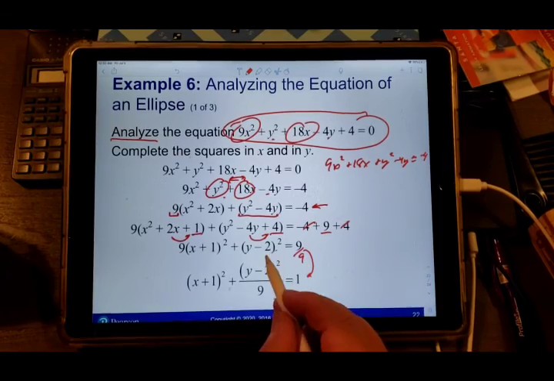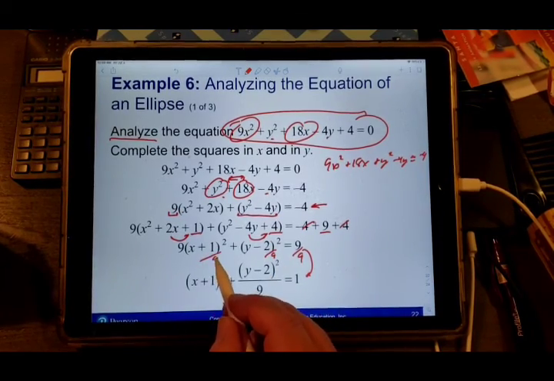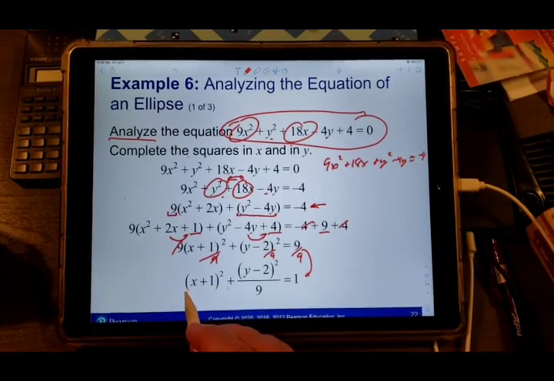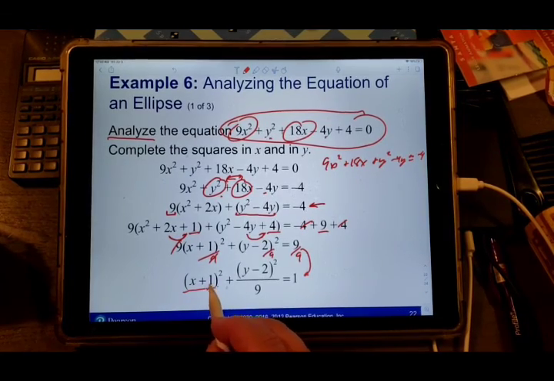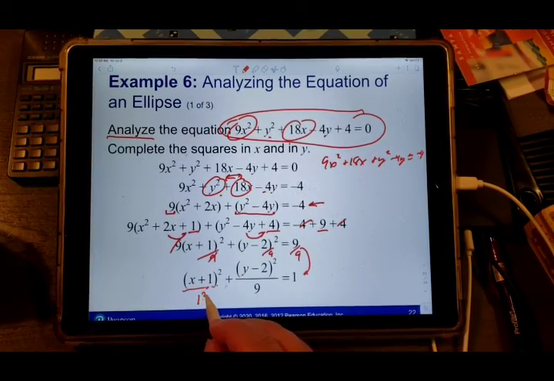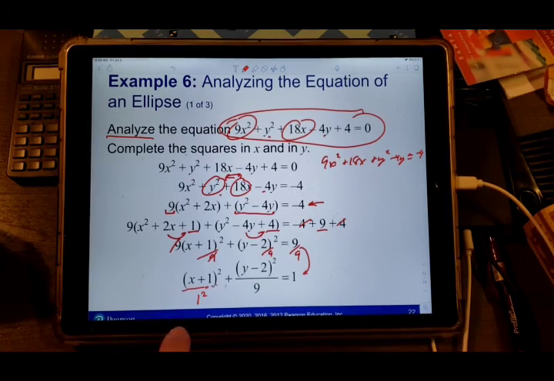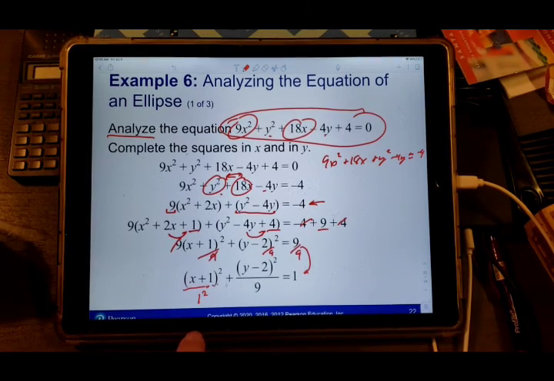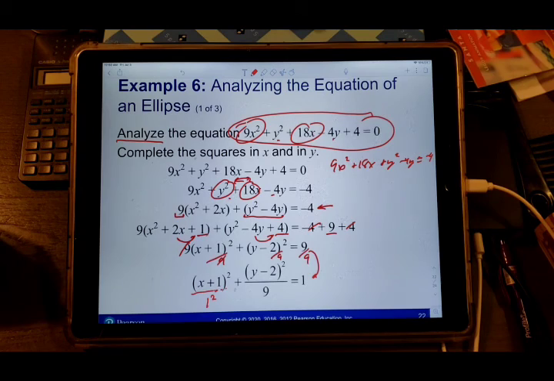So divide everything by 9. You'll get x plus 1 squared over 1 squared. I can always put in a 1 squared just to make it look more like the standard equation of an ellipse.